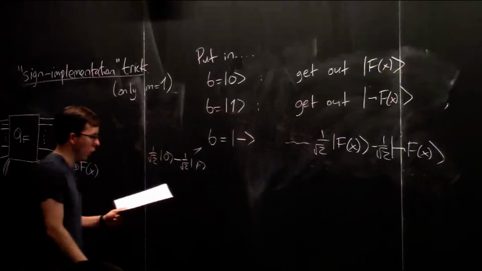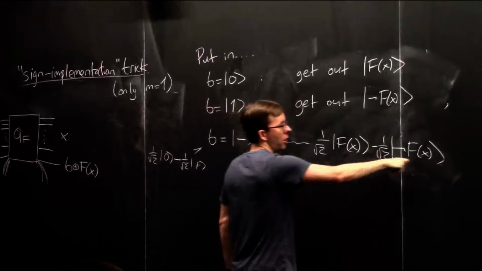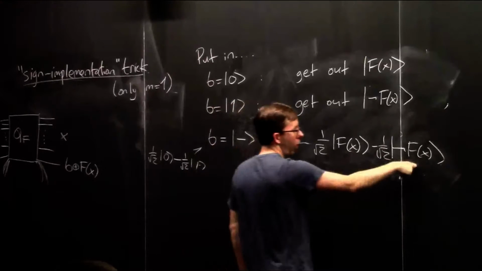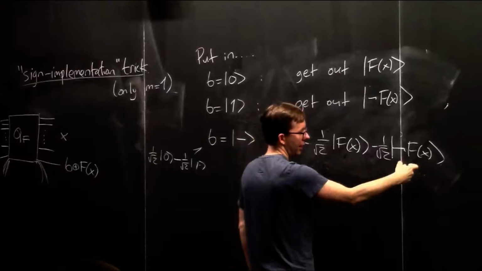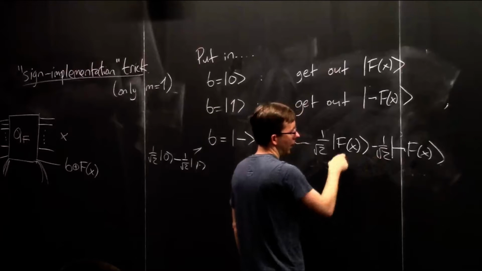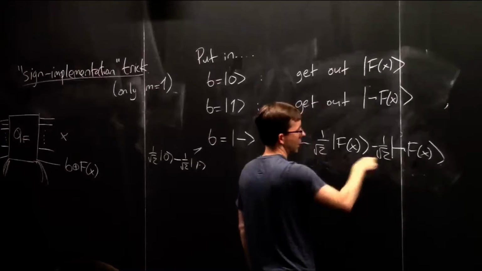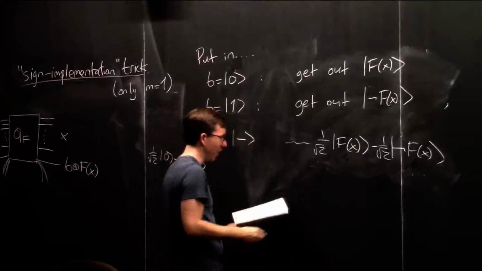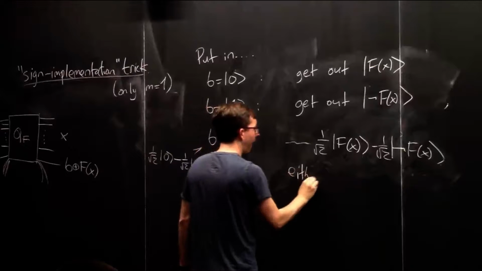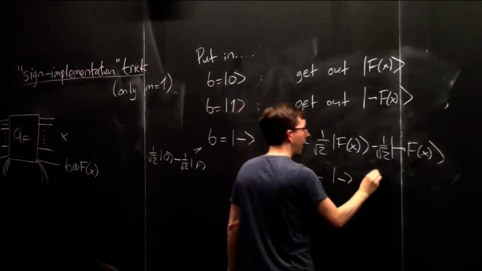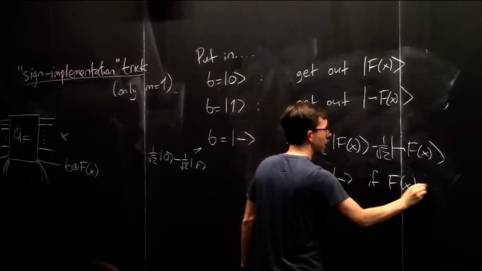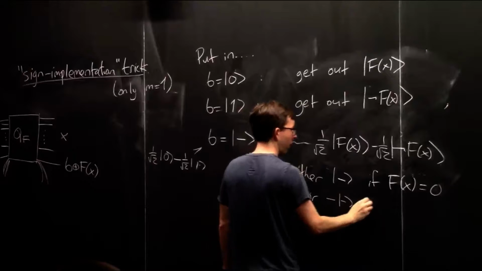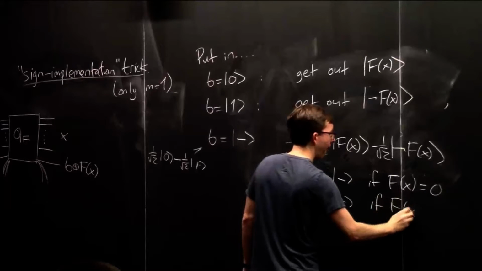And of course, either this is 0 and this is 1, or vice versa. So if this is 0 and this is 1, that's ket minus again. And if this is 1 and this is 0, then it's the negative of ket minus. So this is either ket minus if the real answer is 0, or it's negative of ket minus if f of x is 1.